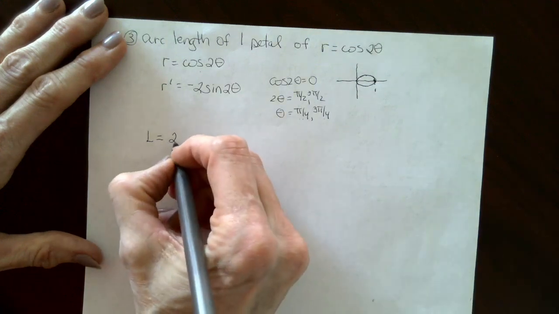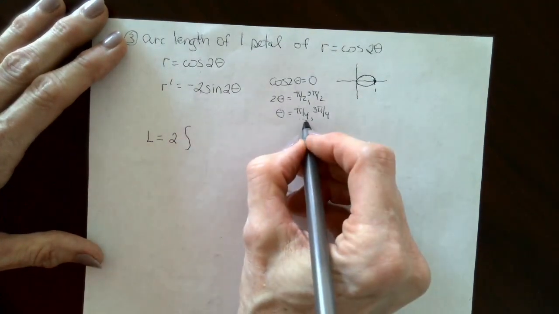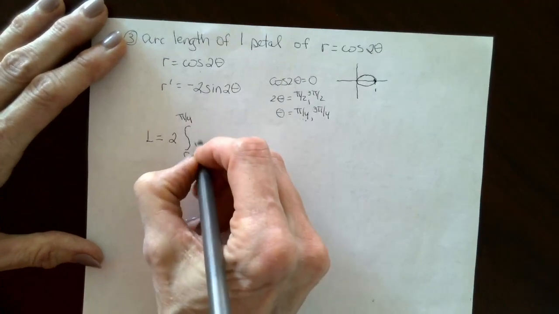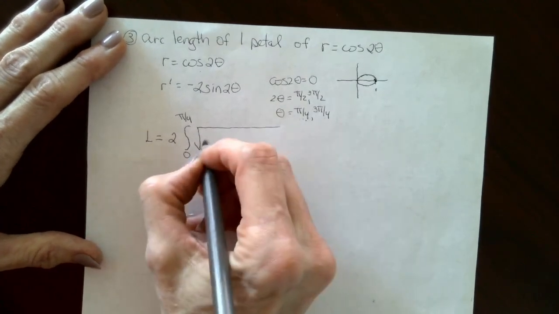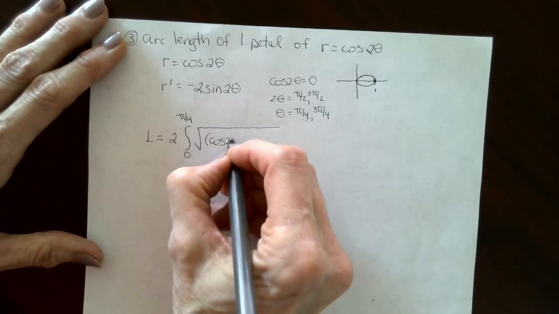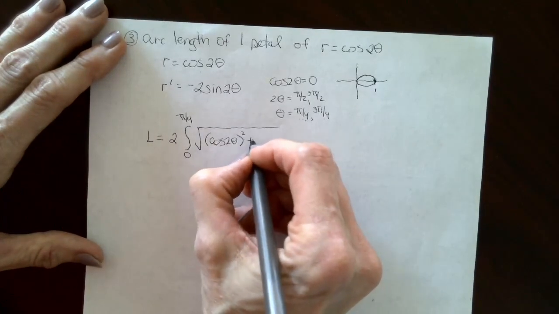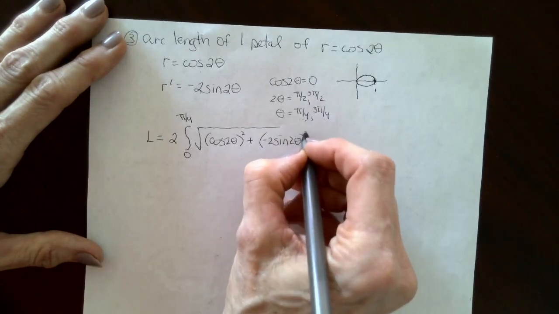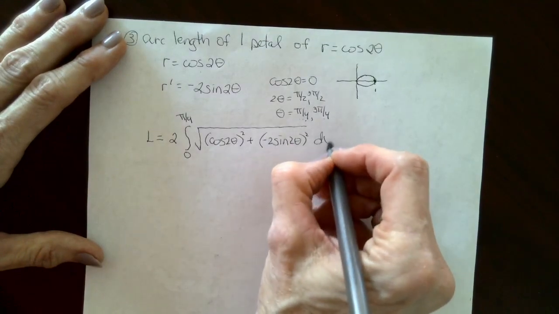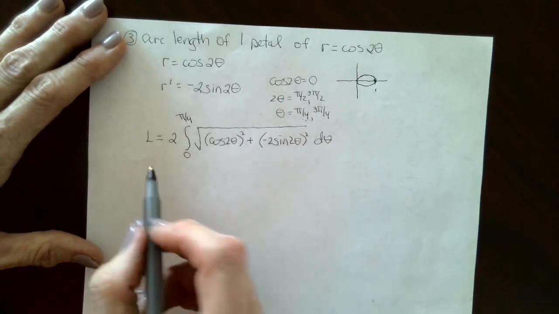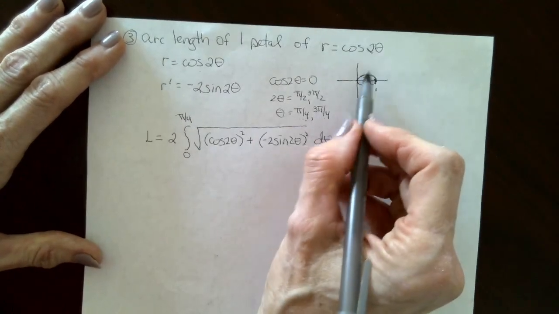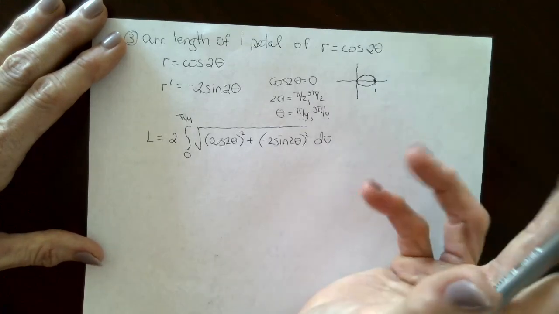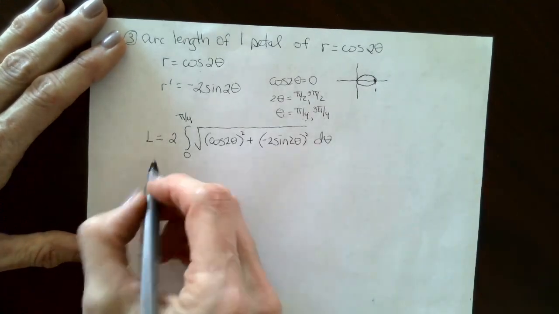It's just 2 times the integral from 0 to pi over 4 using symmetry of big square root cosine 2 theta squared plus negative 2 sine 2 theta squared d theta. What could I have done? I don't know, negative pi over 4 to positive pi over 4 and not doubled it? Yeah, for sure. Okay, throw that in your calculator and tell me what you get.